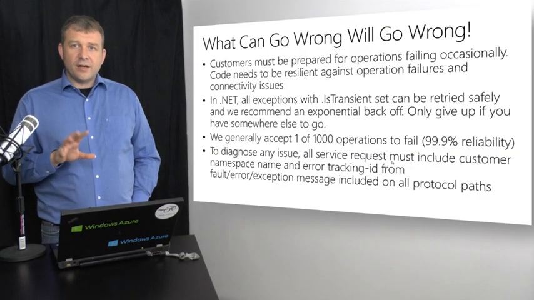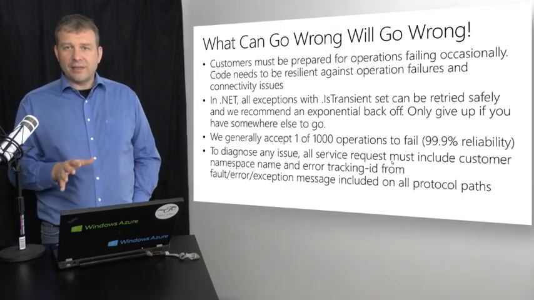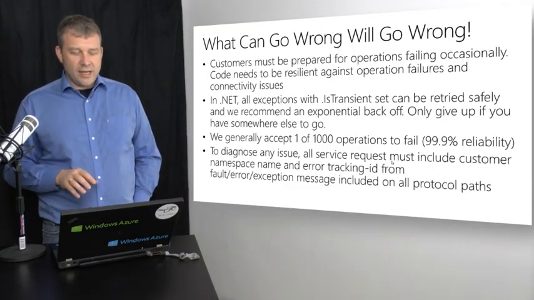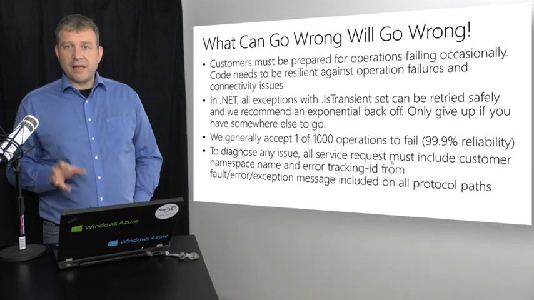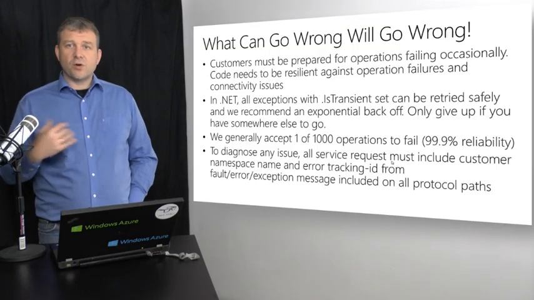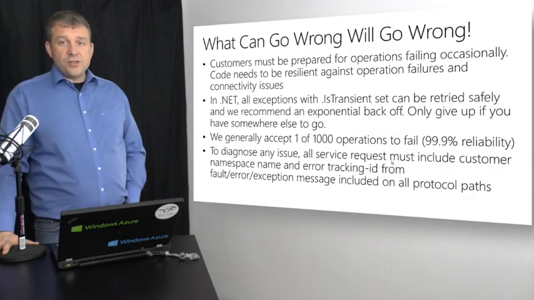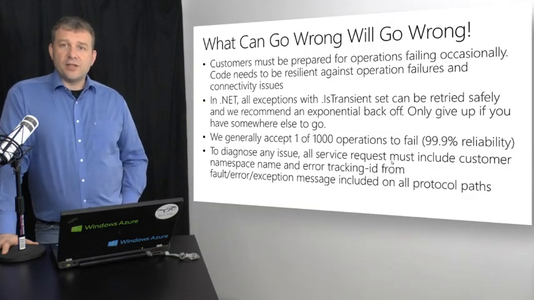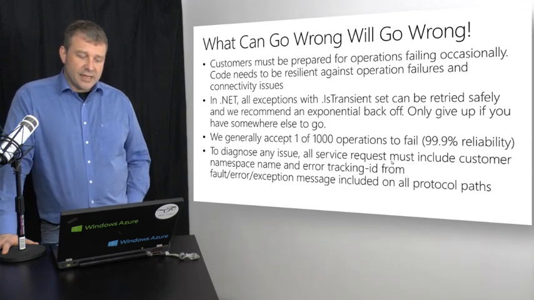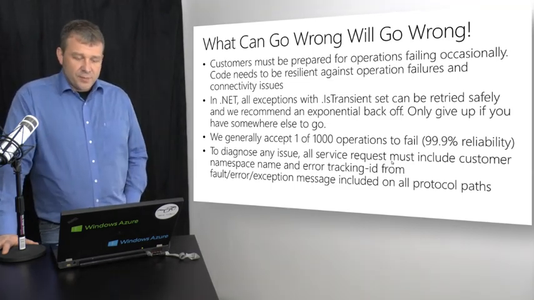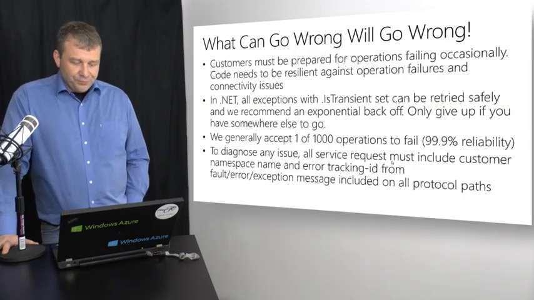And getting to 100% is completely impossible in a large distributed system, if you run Service Bus Server, or as we run it at even higher scale in the cloud. So that's a bar that you need to be accepting, especially if you're calling us from afar.